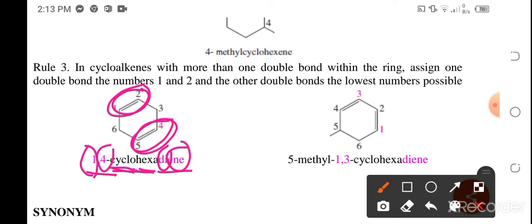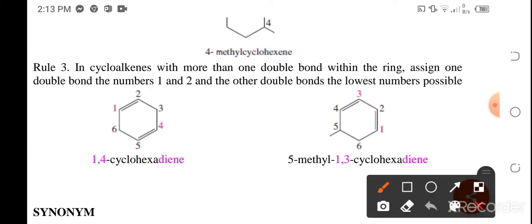Okay? For this next drawing or next structure, so we are not going to number this starting here. So, hindi dyan pwede. 1, 2, 3, 4, 5, 6. Ba't hindi natin dyan, ba't hindi ganyan ang numbering? Kasi nga, ang pinaka-aim natin is we have to give those double bonds the lowest possible number.